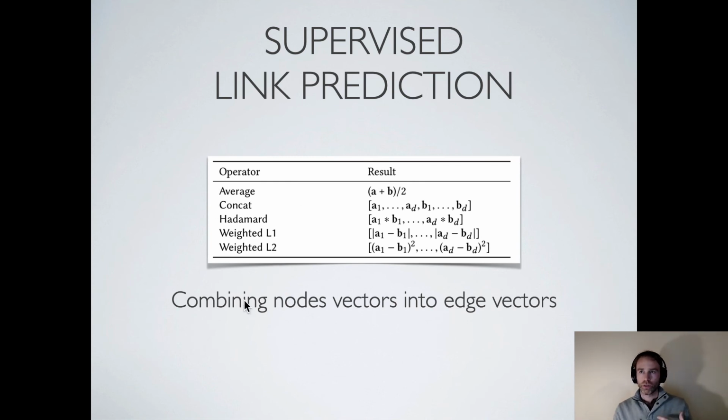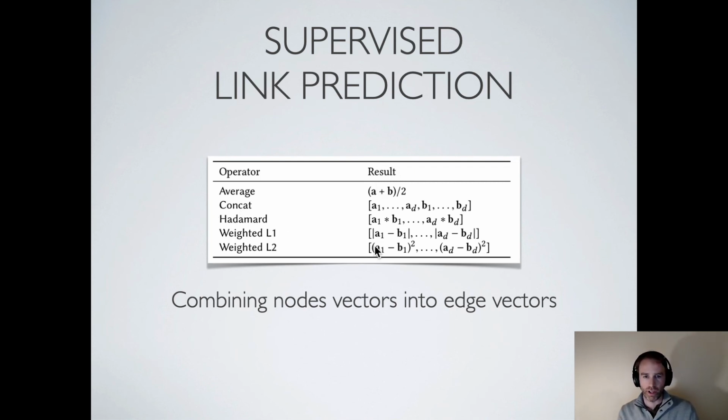There is not one which is obviously better than the others, so there are several possibilities that are used in the literature, and usually it's used as a meta parameter, so you can try several of them and see which one works the best, and just keep this one. In the literature, it has been observed that usually it's the Hadamard product that works the best.